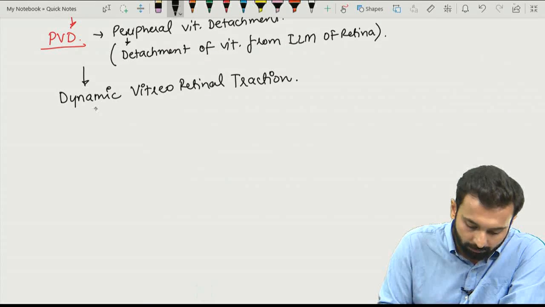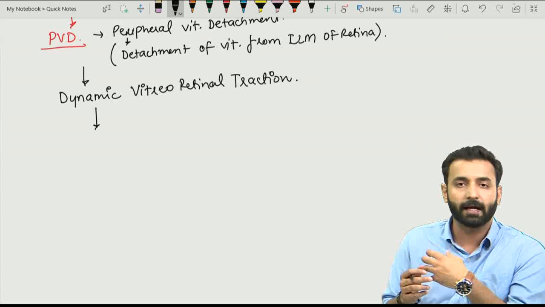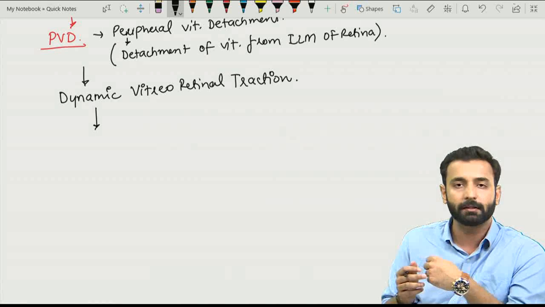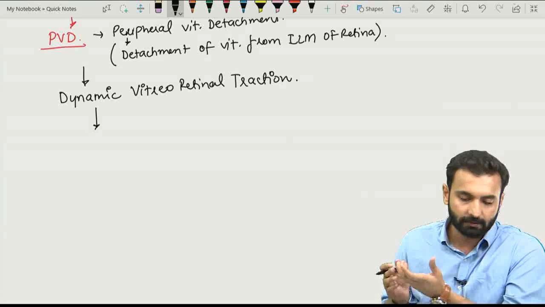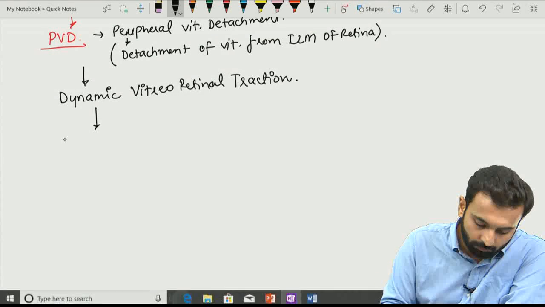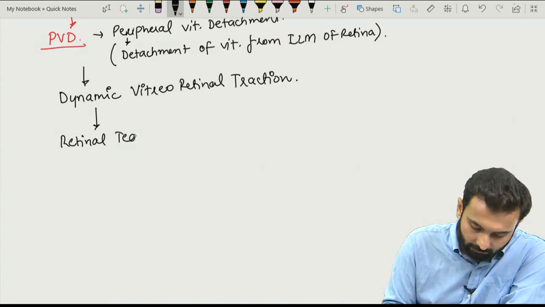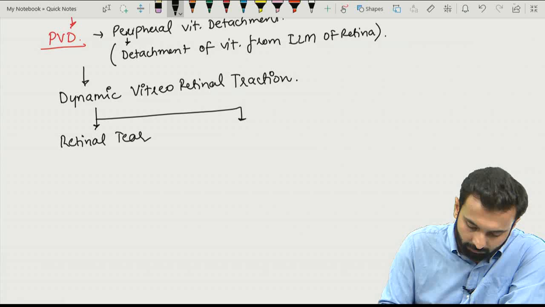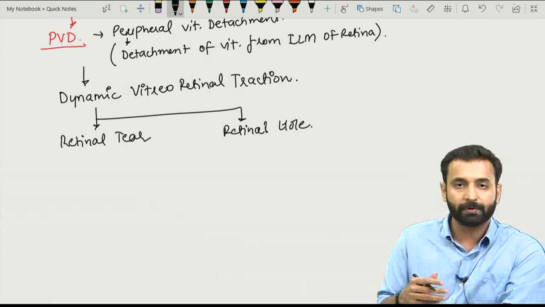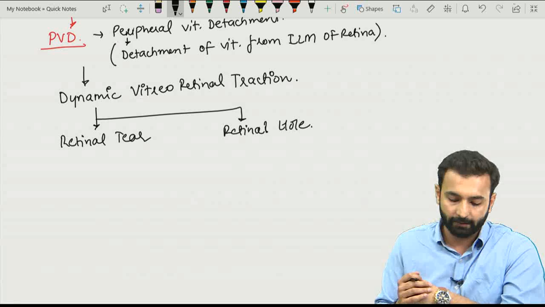Because of this traction, the attached vitreous is pulling the retina. This can lead to formation of a retinal tear or retinal hole. The most preferred location of a retinal tear is the inferotemporal quadrant.